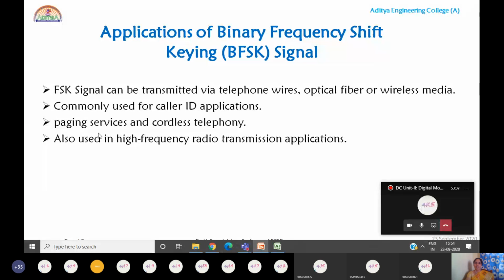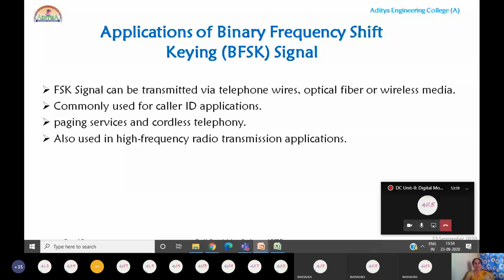And also it is used in paging services. For example, if you want to send some information to a group of people or to a community, you can use pagers. There you can prefer the FSK transmission technique, where you will have unidirectional communication.